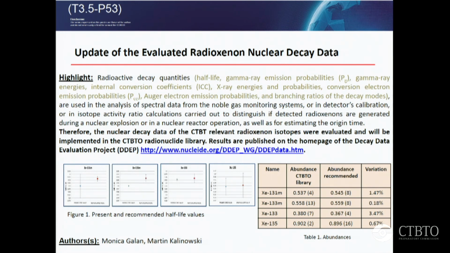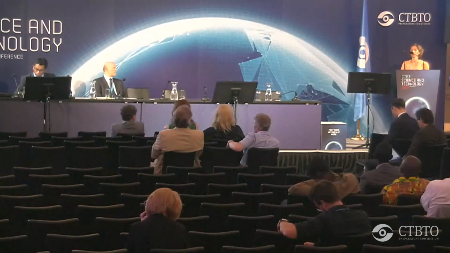The evaluation results are published through the DDEP website, and in the poster we also present the differences found with the nuclear data stored in the CTBTO nuclide library. So we recommend an update of the nuclide library. Thanks, and for more information, visit my poster.